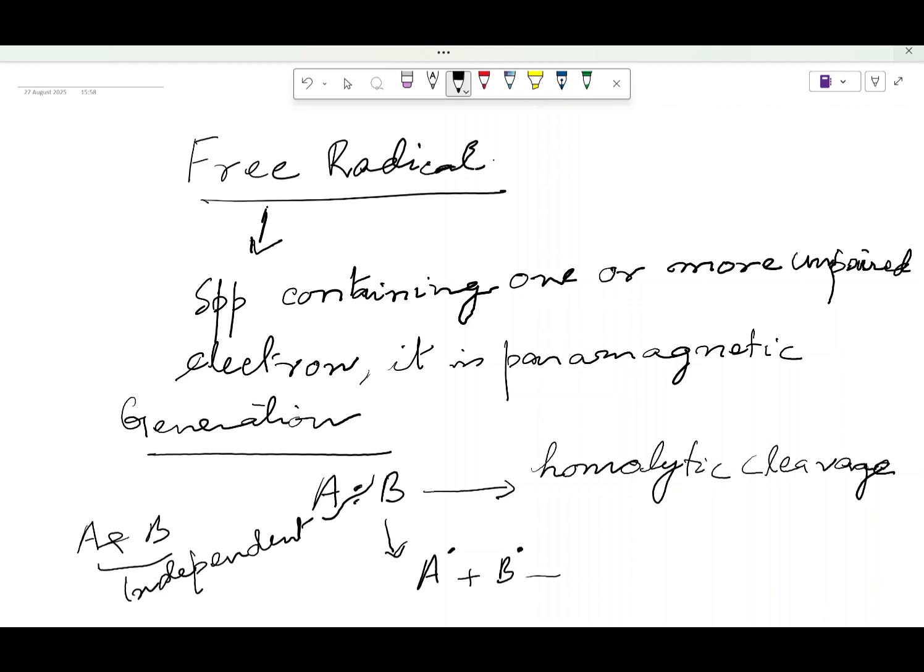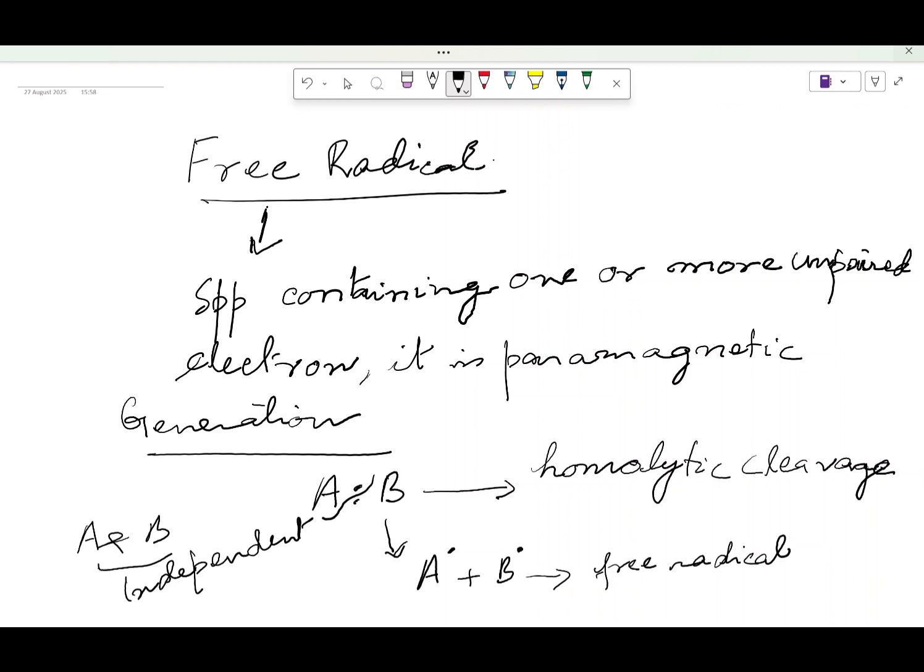Then it is called a free radical. The main part is that before the cleavage they were two independent atoms sharing their electrons and forming a covalent bond. But after cleavage they are called free radicals because these are highly energetic species, and their nature is completely changed. That is the paramagnetic behavior. That's why they are called free radical species or free radical intermediates.